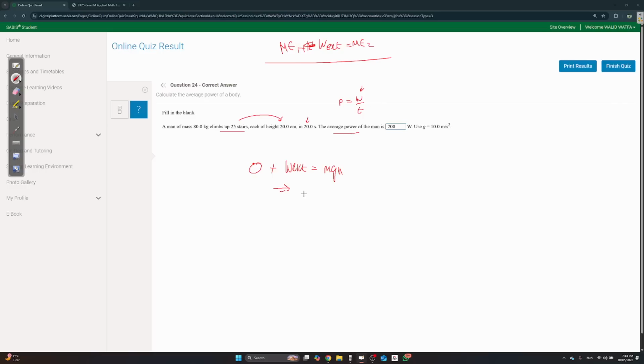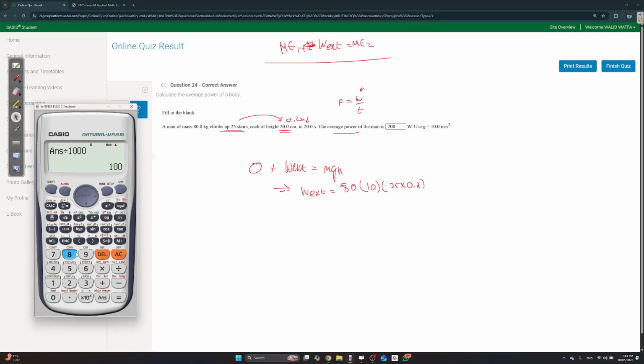So work external is equal to the mass 80 times g, which is 10, times the height, which is 25 stairs times the height of each one, 0.2 meters, because it's 20 centimeters. So the work is 800 times 25 times 0.2. You get 4,000.